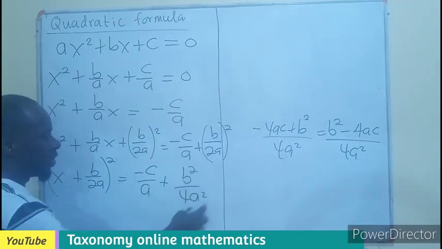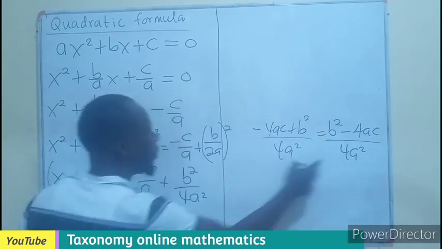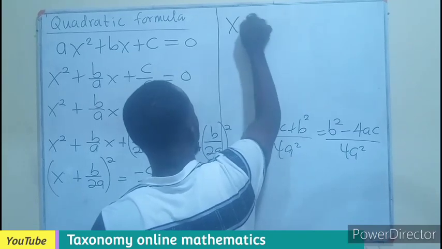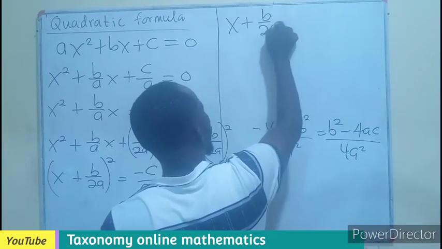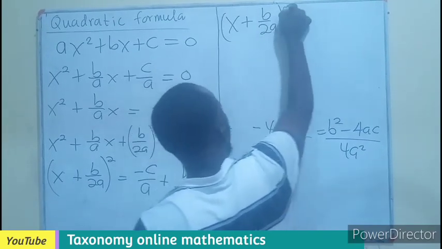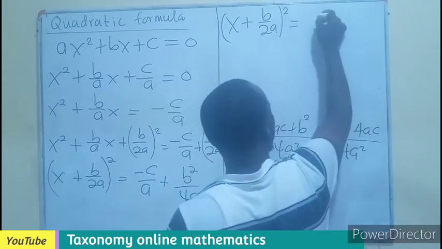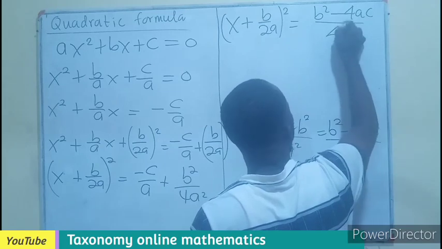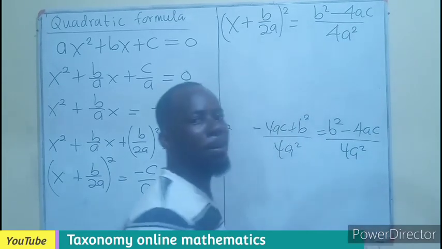We are only writing all this to become one term. Therefore, this will be x plus b over 2a, all squared, equals b squared minus 4ac over 4a squared.